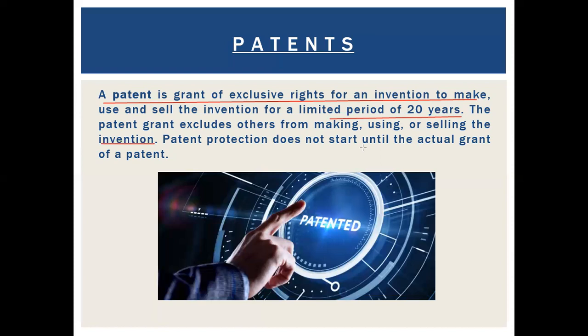The main thing is that patent owners can give permission, a license, to another party to use the invention on mutually agreed terms. That is basically an agreement between the patent owner and the third party that wants to use the patent rights.